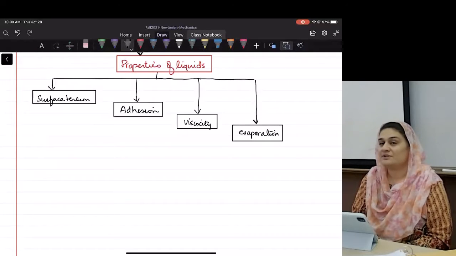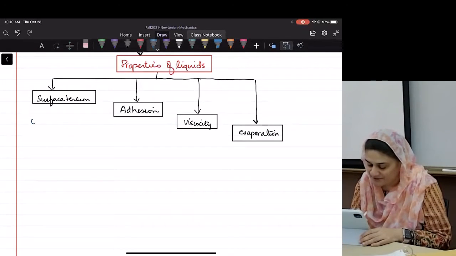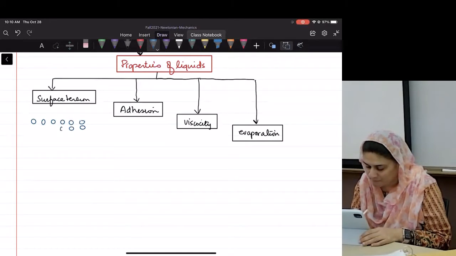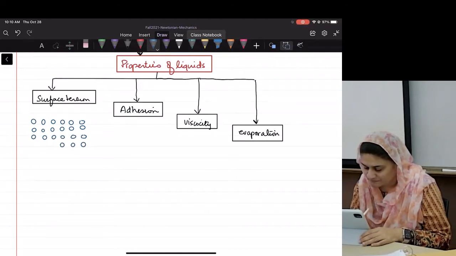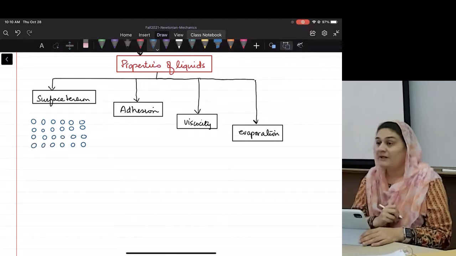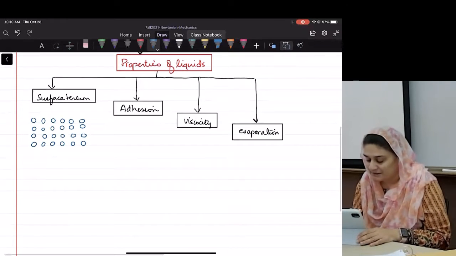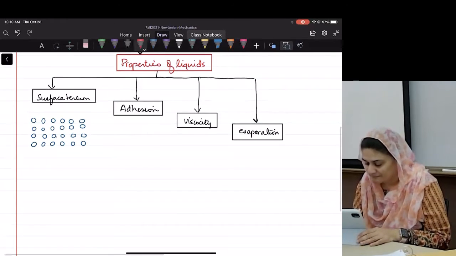So what is surface tension? In a liquid, this is the scenario. There are molecules everywhere. Pretend that they're equal, and they are being attracted on all sides. There are forces that exist, right?